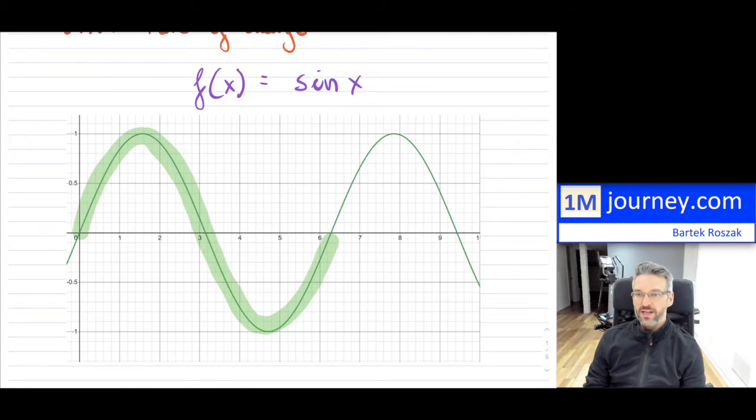It's pretty straightforward to see that you have a maximum and a minimum for all these sine functions and cosines. Not so much for tangents or cotangents, because they go off into infinities in both directions. But for sines and cosines, it's pretty nice, right? So we have a maximum and a minimum.